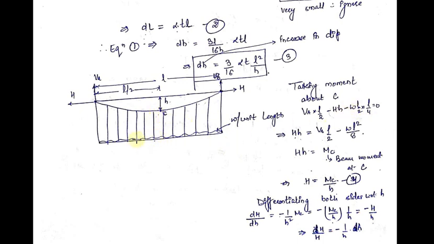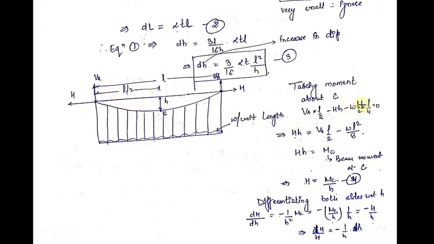Now convert this UDL into a point load. We are looking at the left portion of point C. A UDL can be converted into a point load by multiplying it with the length of the UDL. On the left of point C, the length of the UDL is L by 2. So minus W into L by 2.